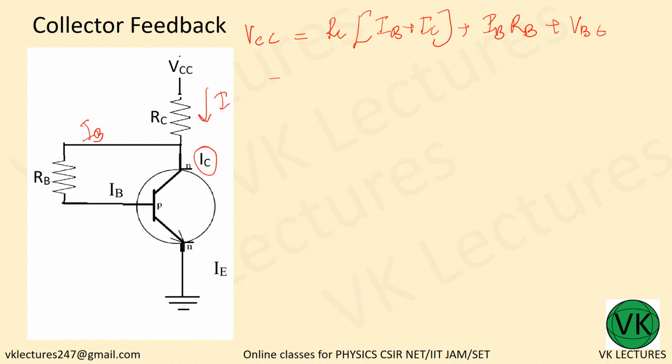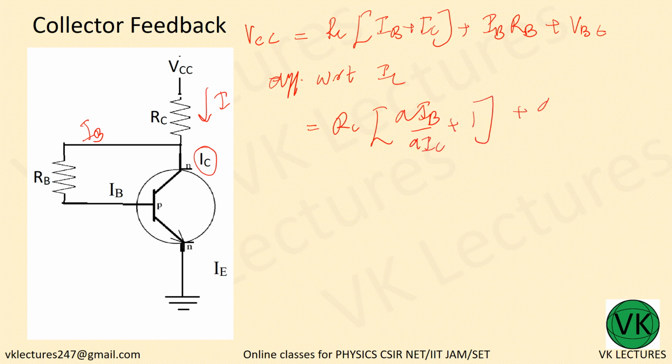Now differentiating with respect to IC, what you are getting is RC into DIB plus DIC plus 1 plus DIB by DIC into RB.